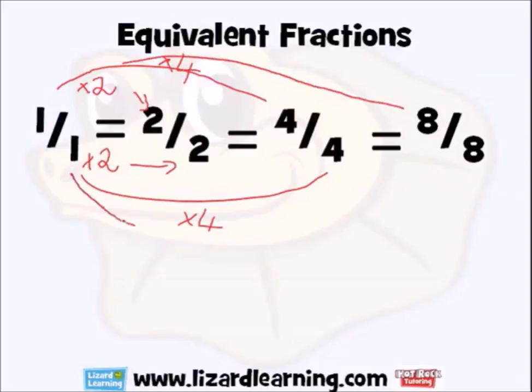Down there we chop it up into 8 bits. Multiply it by 8. We do the same to the numerator. Okay. Good. There's the rule. What you do to the denominator, do to the numerator. And the operation we use is multiply to make the number of pieces bigger.